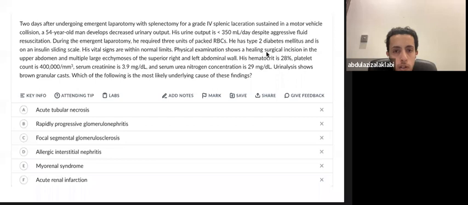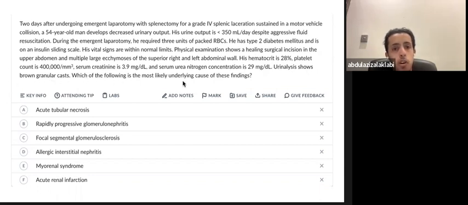Physical exam shows a healing surgical incision in the upper abdomen and multiple large ecchymoses of the superior right and left abdominal wall. His hematocrit is 28. His platelets are 400,000. Serum creatinine is 3.9, and the BUN is 29. The urinalysis shows brown granular casts.